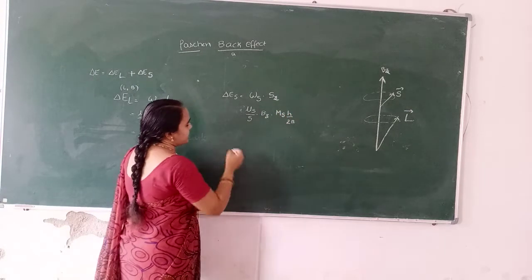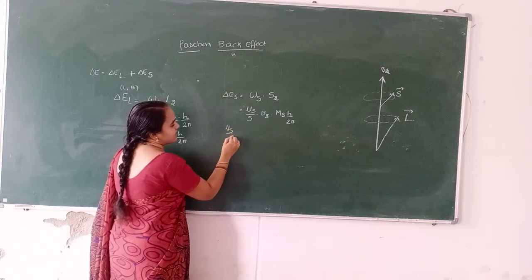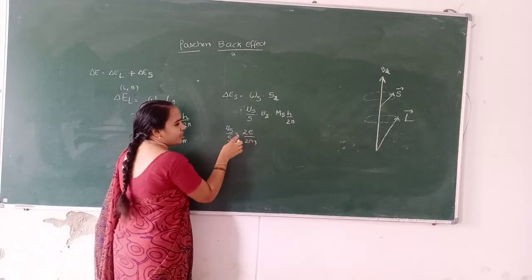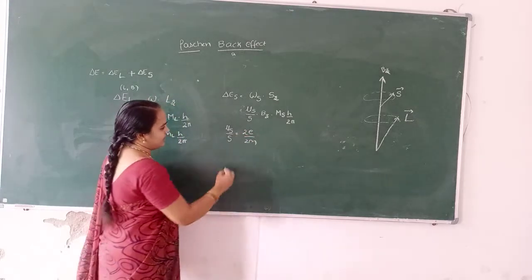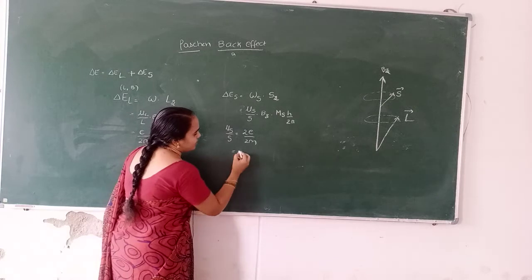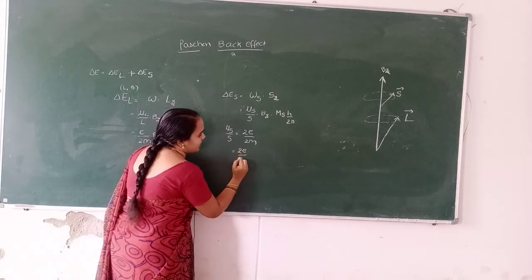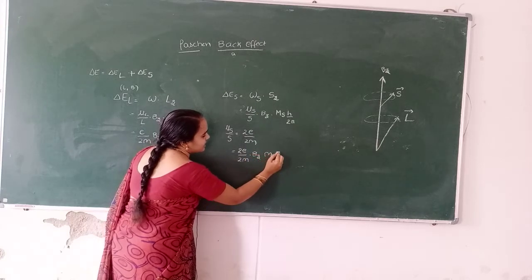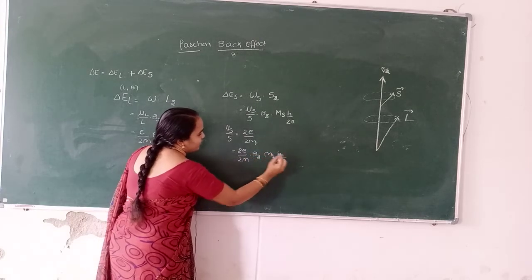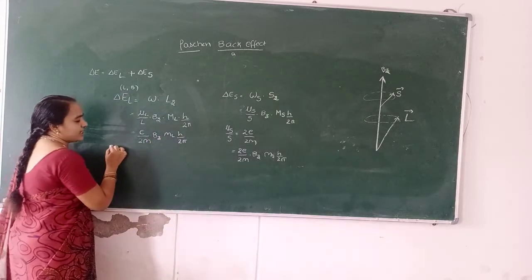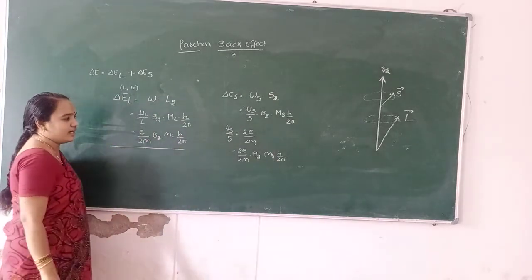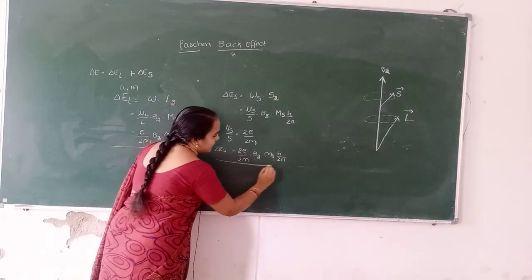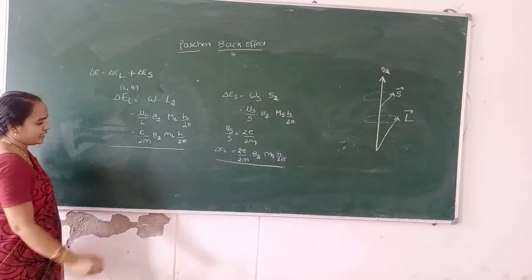We have already derived the expression for mu S by S as 2e by 2m, where 2 is the Landé splitting factor. Hence the interaction energy is 2e by 2m into Bz Ms h by 2 pi. This is the interaction energy between L and the external magnetic field, and this is the interaction energy between S and the external magnetic field.